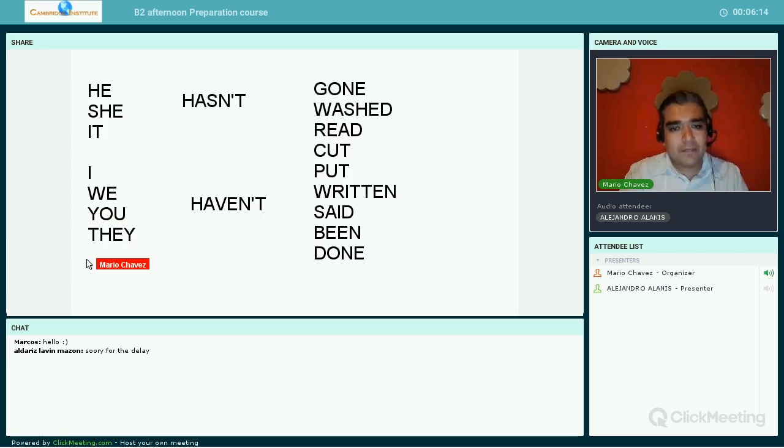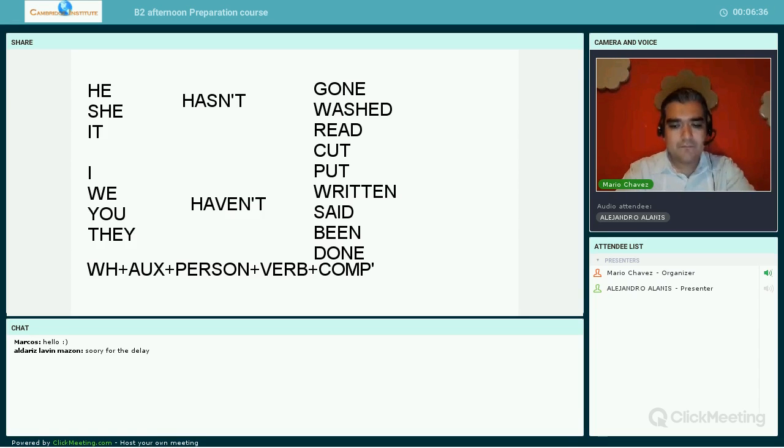The interrogative form, as yesterday we were saying, we use the same structure for interrogative form in all tenses. The WH question, the auxiliary, the person, the main verb, and the complement.